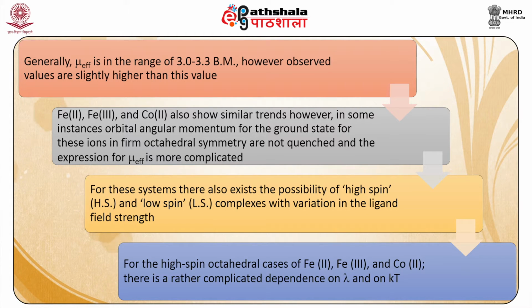However, in some instances, orbital angular momentum for the ground states of these ions in firm octahedral symmetry is not quenched and the expression for mu effective is more complicated. For these cases, there also exists the possibility of high spin and low spin complexes with variations in the ligand field.